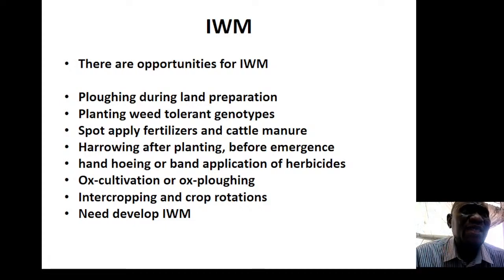So there are opportunities for integrated weed management: plowing during land preparation, planting weed tolerant genotypes, apply fertilizers and cattle manure, harrowing after planting but before emergence, and hoeing or band application of herbicides, ox cultivation or ox plowing, intercropping, and crop rotations.